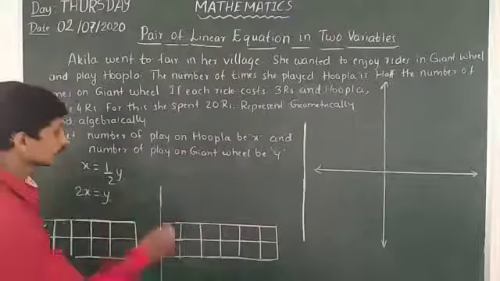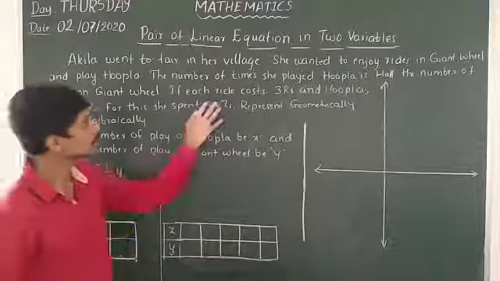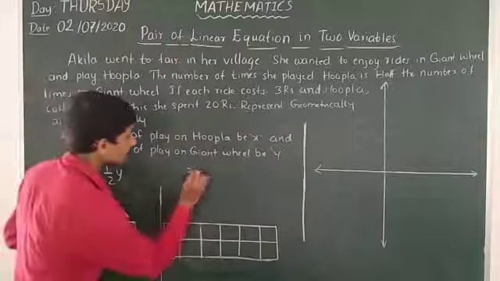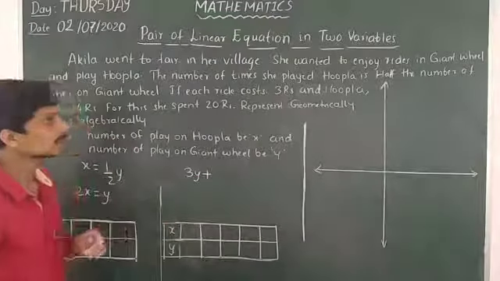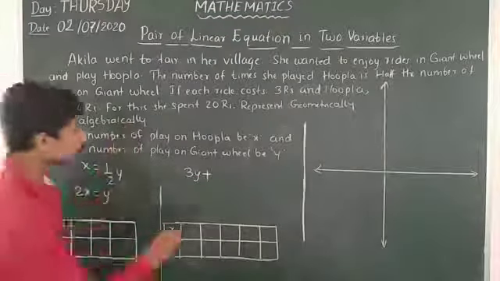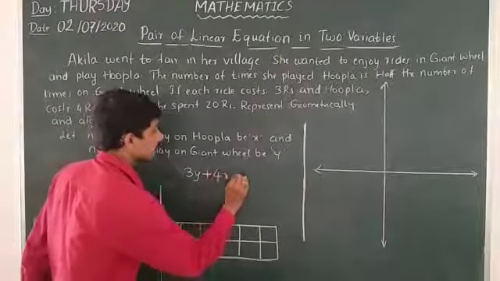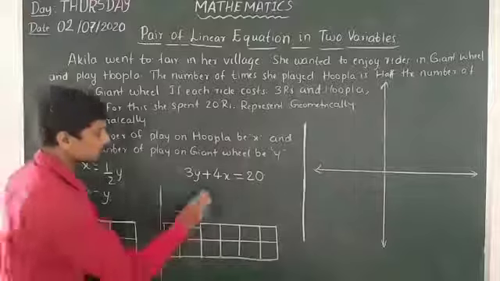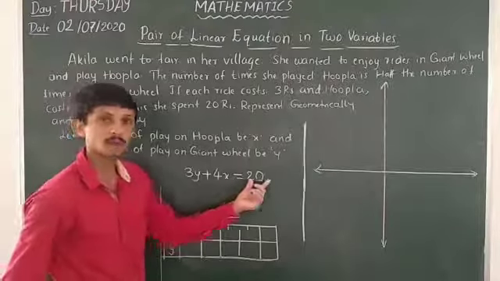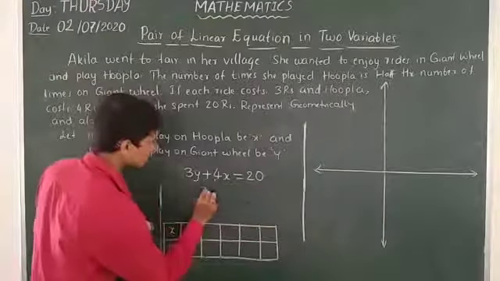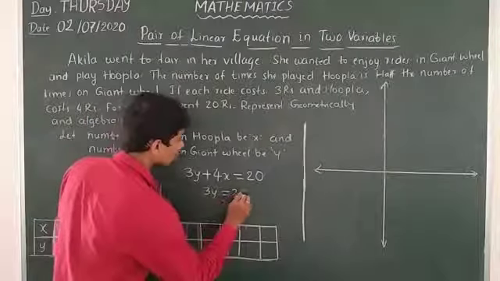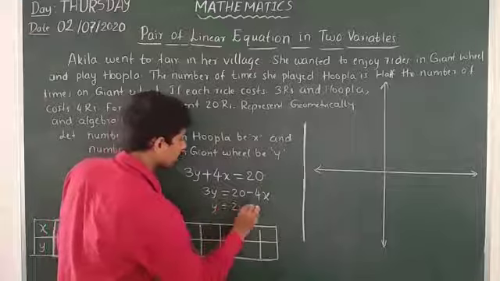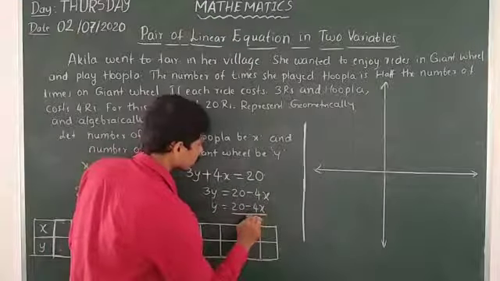So it costs 3 rupees for the giant wheel, that means 3y, plus for hoopla 4 rupees, 4x, is equal to 20. Now I have to transpose 4x to the RHS. That means 3y is equal to 20 minus 4x. y is equal to (20 minus 4x) by 3.